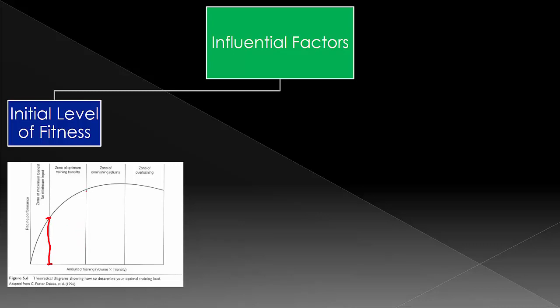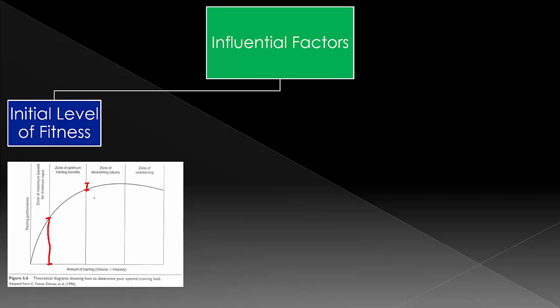But what if you took an individual that was maybe at this level of racing performance and you increased the amount of training from where they're currently at to here? You can see that it's a much smaller increase. And what we generally call this, as we see that you have a certain amount of increase in the amount of training, either through volume or intensity or both, as you get more and more trained, you have less of a response to the increase in training, even though at these levels over here, you are really training a lot.